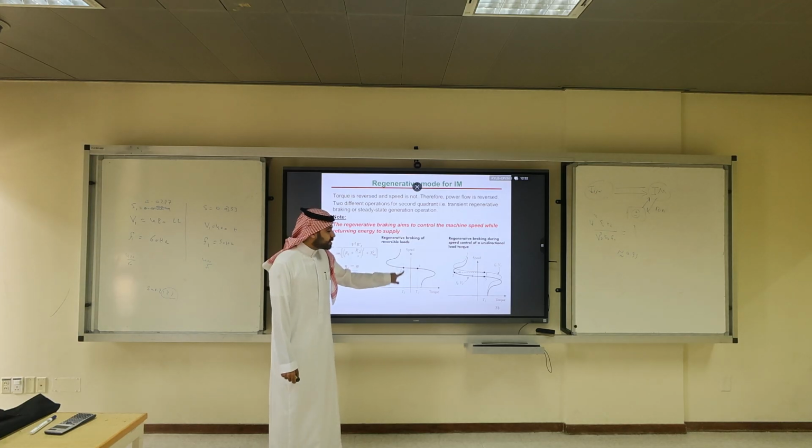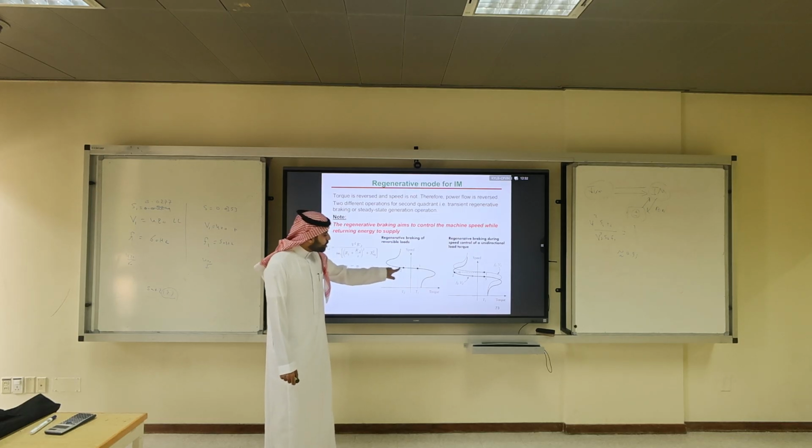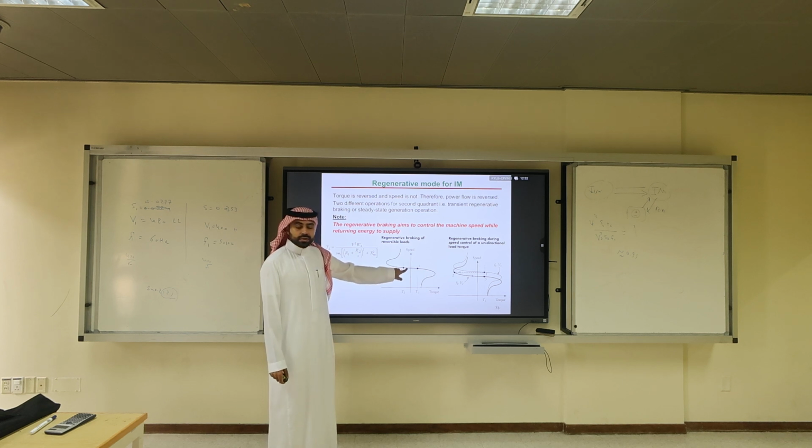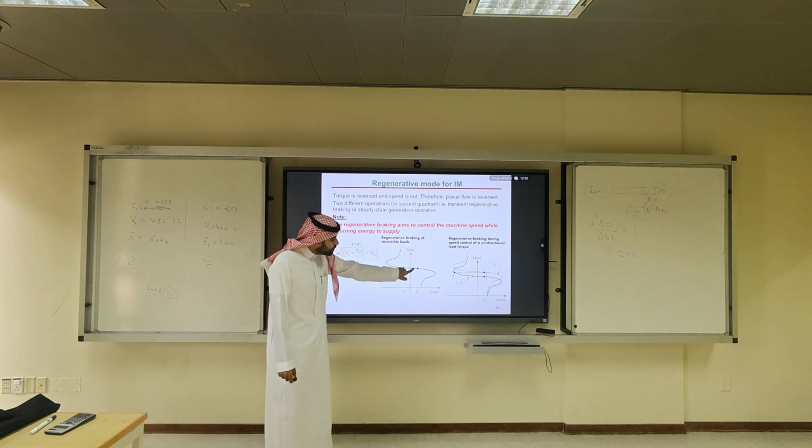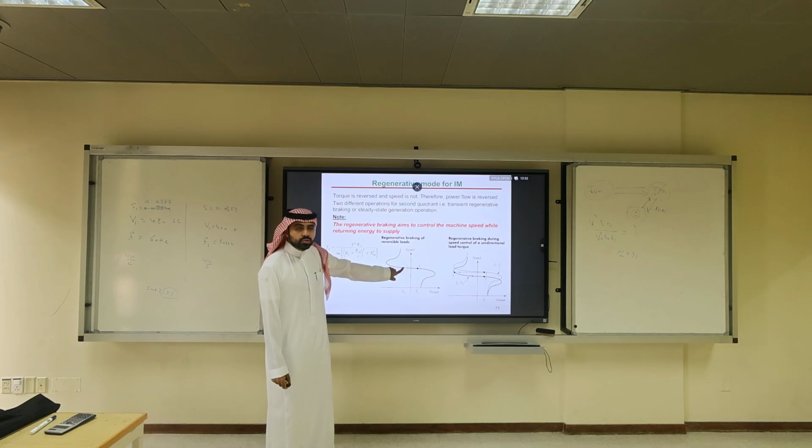Negative. Did I need to apply any control on the machine, or did the machine itself go to the regenerative braking mode? The machine went from motoring mode to point number 2. What is point number 2? Regenerative braking, because it's an active load.